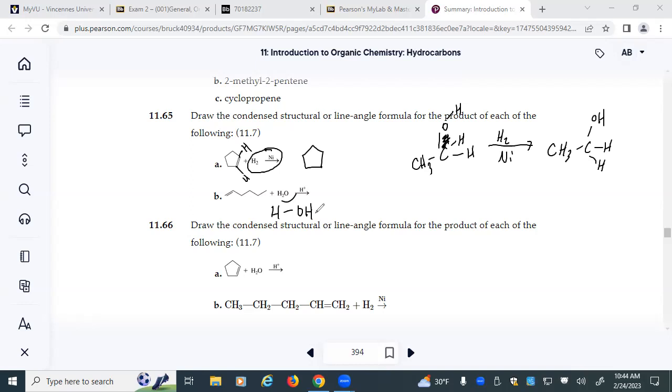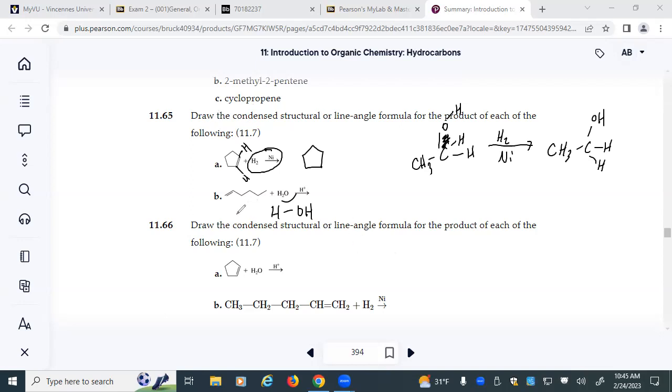We can think of water as the combination of a hydrogen and a hydroxyl group, an H and an OH. So from that perspective, the reactions can be very similar to the reaction that we just did. That HOH is going to lay itself over the double bond, and we're going to form a new bond to H and a new bond to OH.